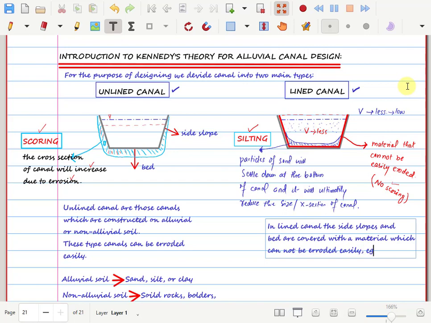For example, concrete, or maybe tiles, maybe stones. Okay.